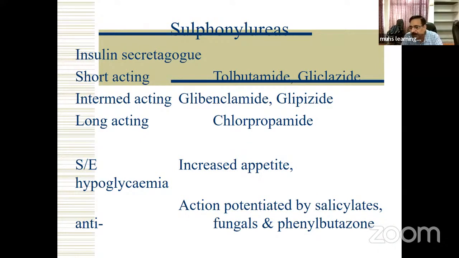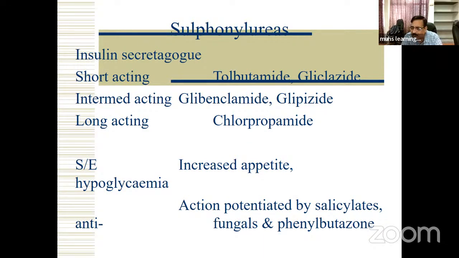We find gliclazide is available in India in good quantity, and particularly if the patient who has to be put on an oral hypoglycemic agent has kidney complication, we tend to use it. Glibenclamide again is a drug which is used. Glipizide is used very frequently in public health as well as in domiciliary care and private practice.